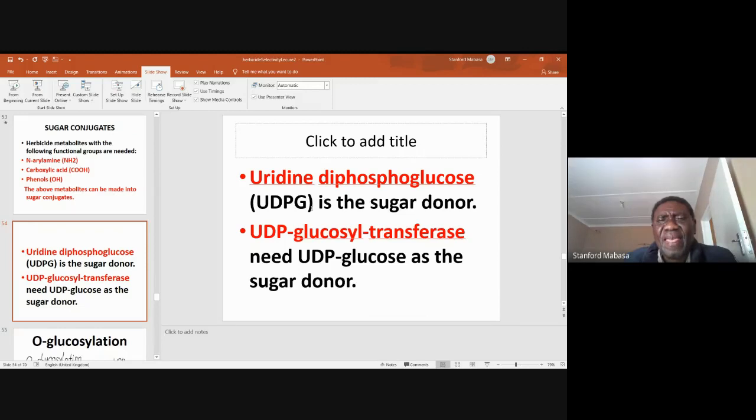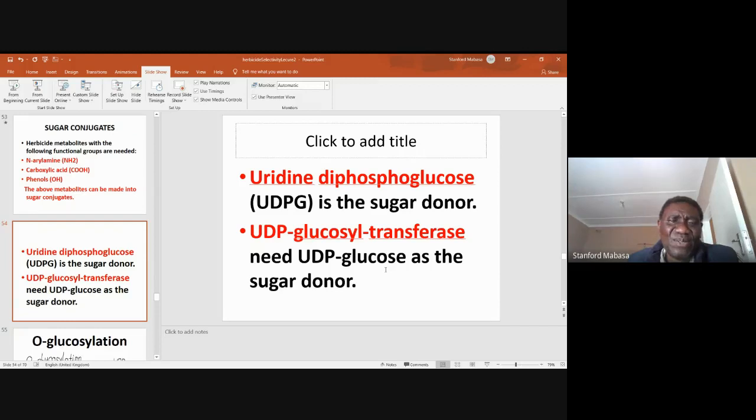And during that process, we have an enzyme which will catalyze the process. It's known as the UDP glucosyl transferase. So UDP glucose, or uridine diphosphoglucose, let us just call it UDP glucose, or simply UDPG.